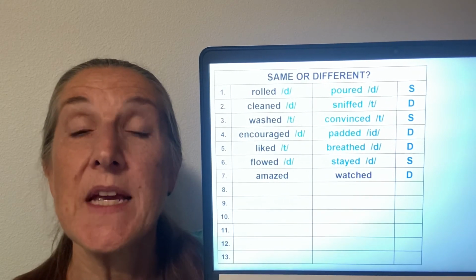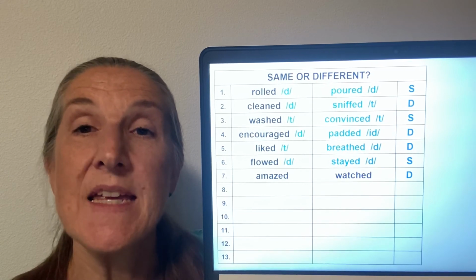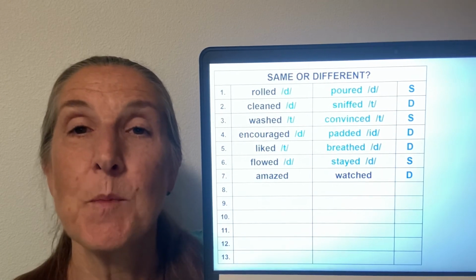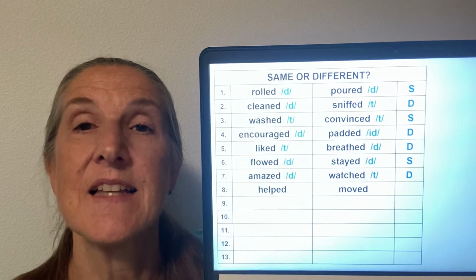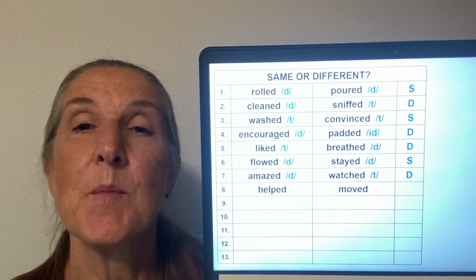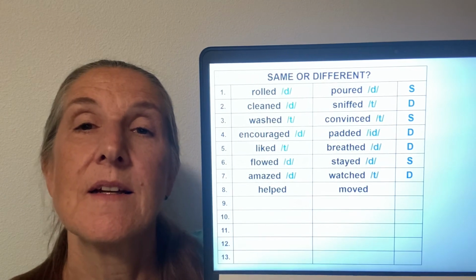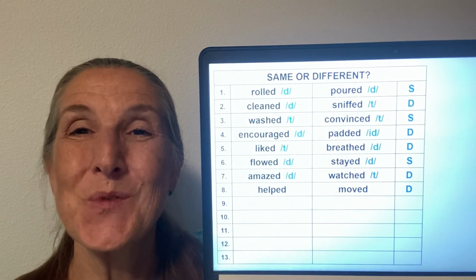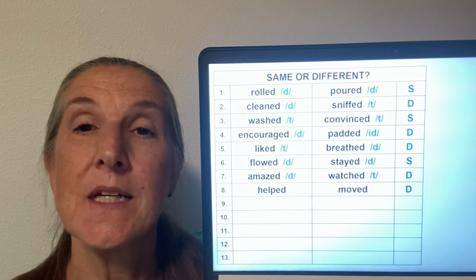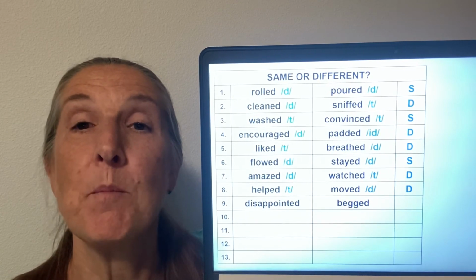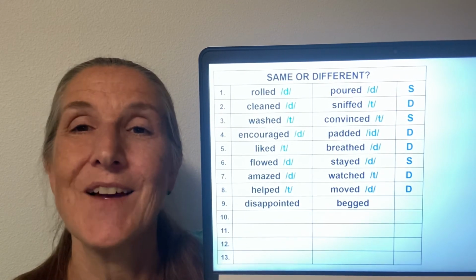These are going to be different. Amazed has the D sound, but watched has the T sound. Number 8. These are going to be different as well. We have helped with the T sound, but moved with the D sound.